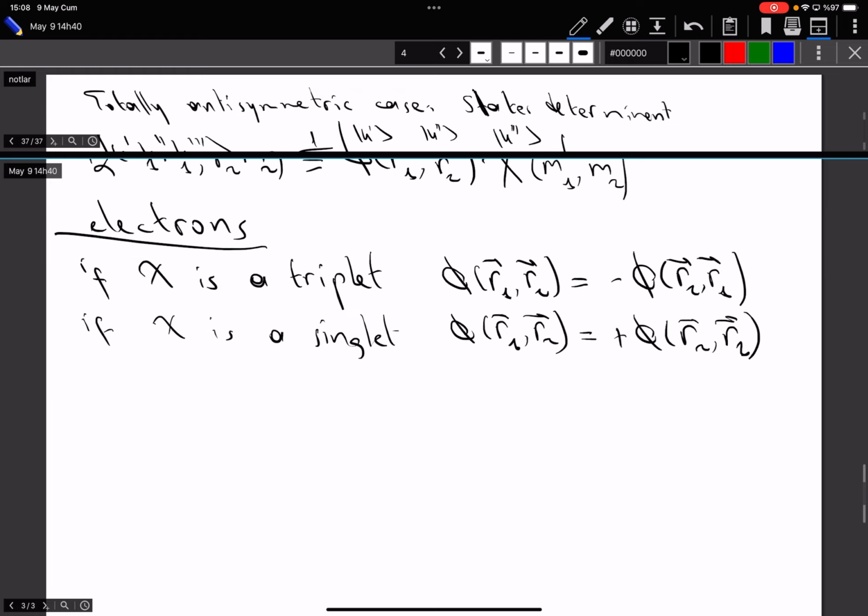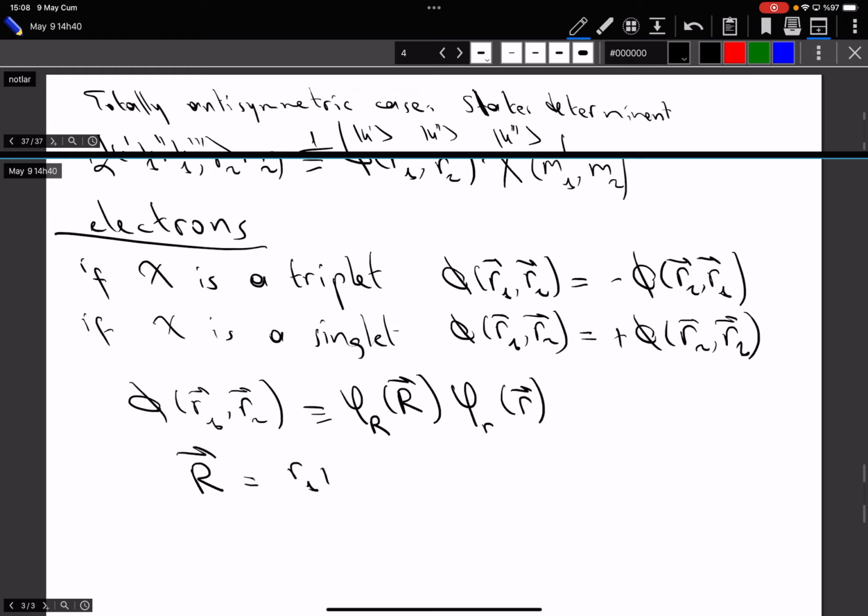Now, another consequence of this: you see this phi(r1, r2). You can also factorize this in terms of the motion of the center of mass and the relative separation, where capital R is (R1 plus R2) over 2, and small r is, let's say, R2 minus R1.